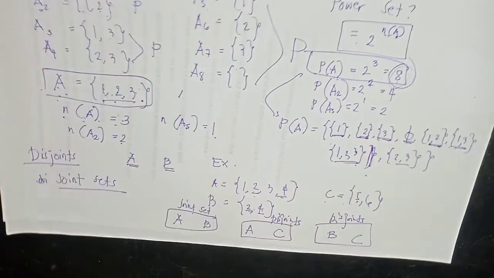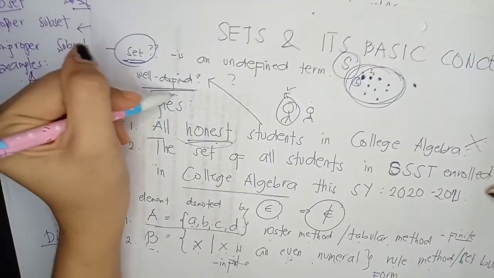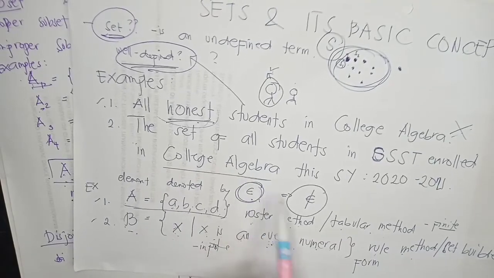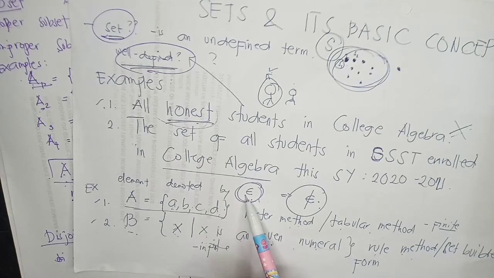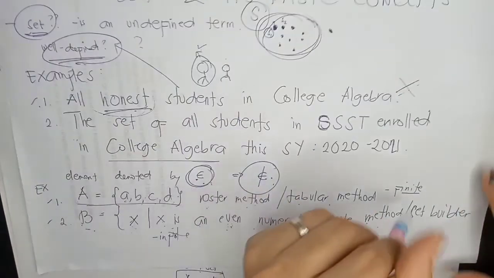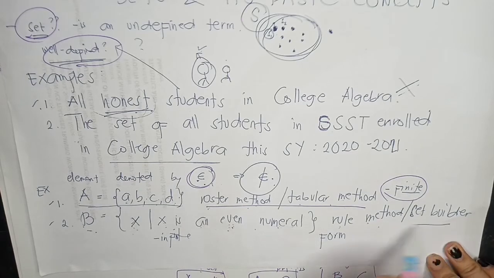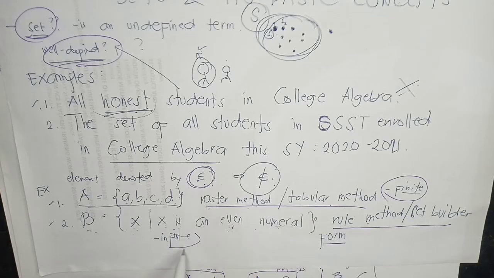So, yan lang po. Balikan natin. Ang set, ano ang set? Ang set ay well-defined, denoted ang element. Ito po ang element, not element, hindi po included sa isang set. Ito ay included sa set. Finite, when you say finite, ito pa ay roster method or tabular method. Infinite, or rule method, set builder form are infinite.